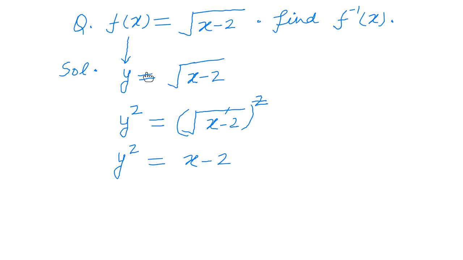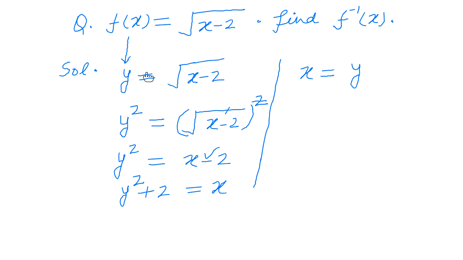And then solve for x. So look here, y squared, move the minus 2 to the other side, so it becomes plus 2, and this equals x. After that, x equals y squared plus 2. Now don't stop here; change x and y. x becomes f inverse x, and this y changes to x. So f inverse of x equals x squared plus 2.